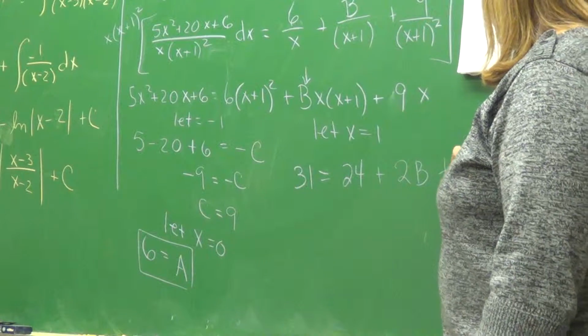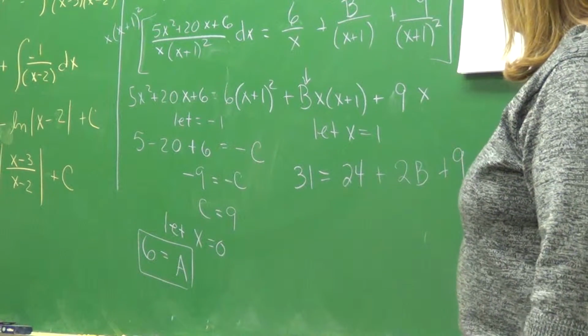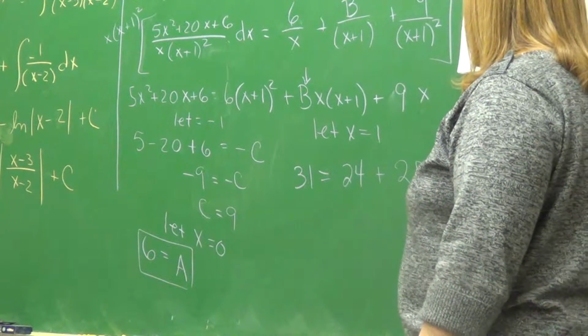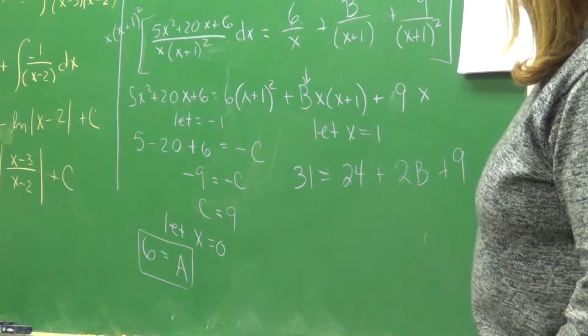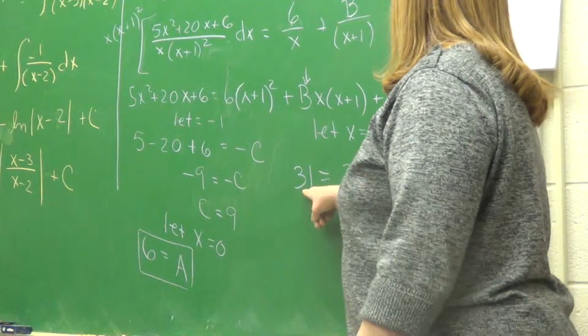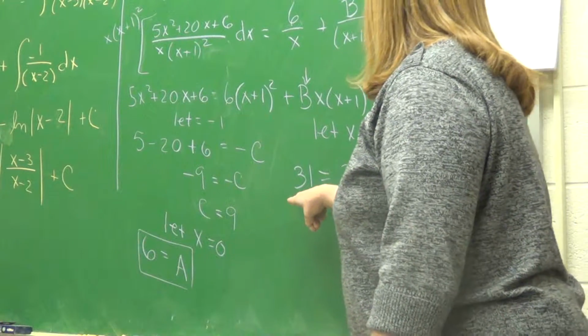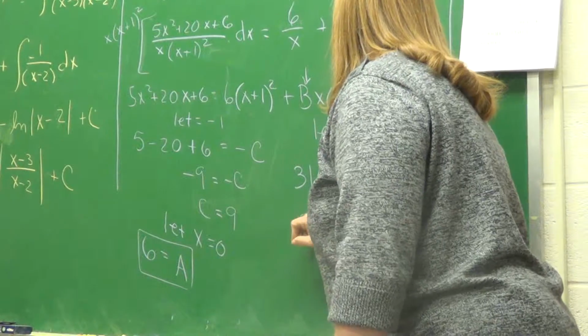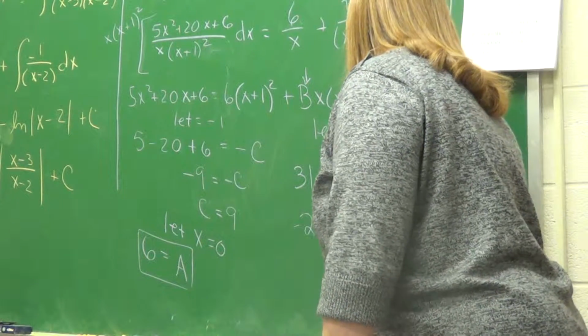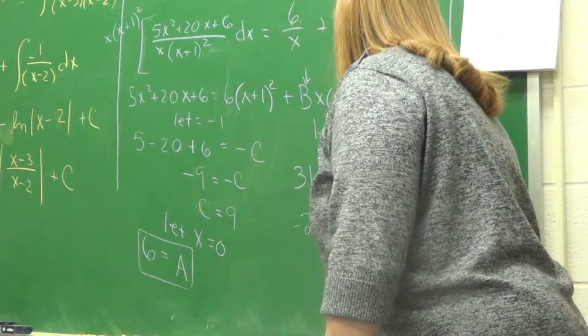All right, so that works. Now we just have to finish that. So what's 31 minus 24? 7, right? And then 7 minus 9 is minus 2. Am I getting that right? And I got b equals minus 1.